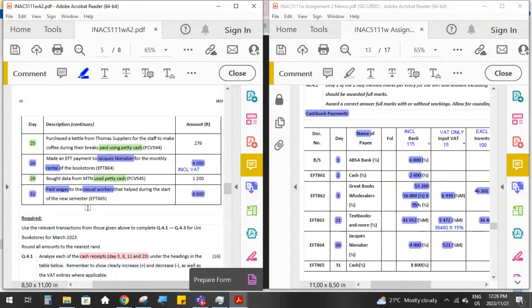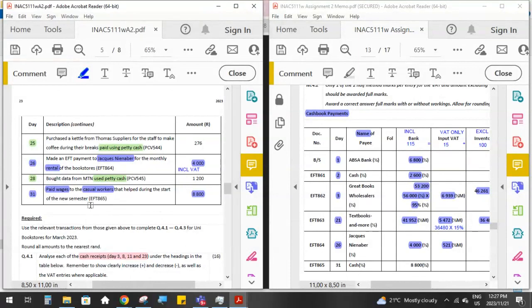The 31st, so again, we paid wages, casual workers, that's a cash payment. I did accept it if students put wages, but correctly it should say cash because we would have drawn cash out of our bank account and then paid that cash to the workers.